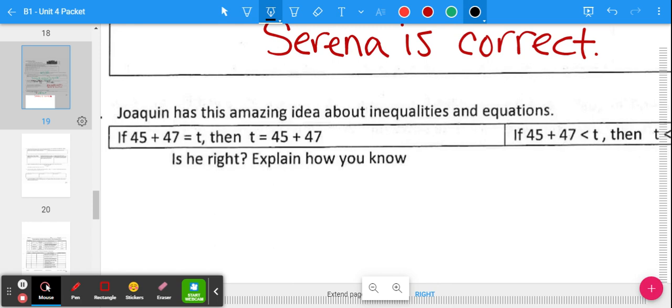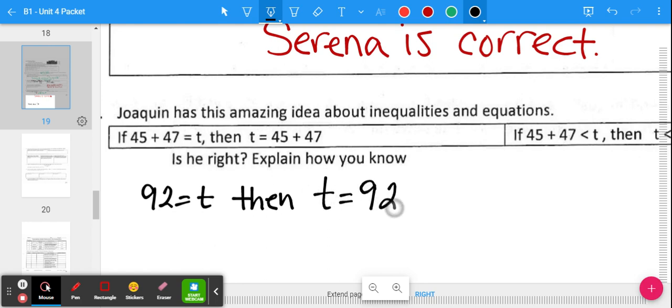So 45 plus 47 is 92. So I'm going to change this to if 92 equals t, then t equals 45 plus 47, 92, which is true. So we have to decide, is the same thing true with inequalities? Can we just switch which side the t is on and it be true?